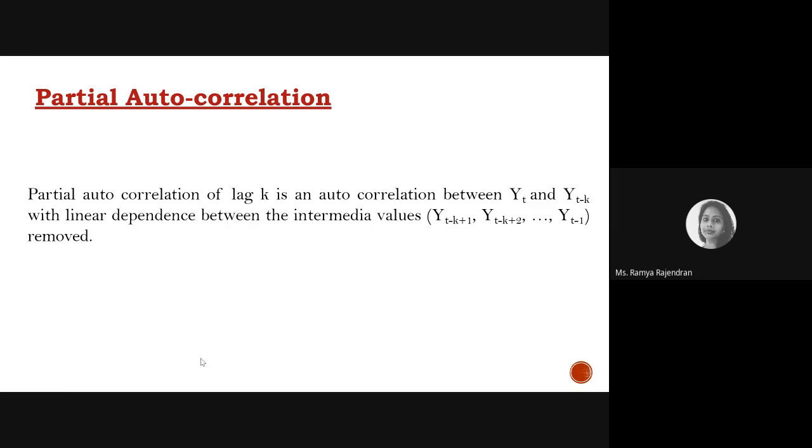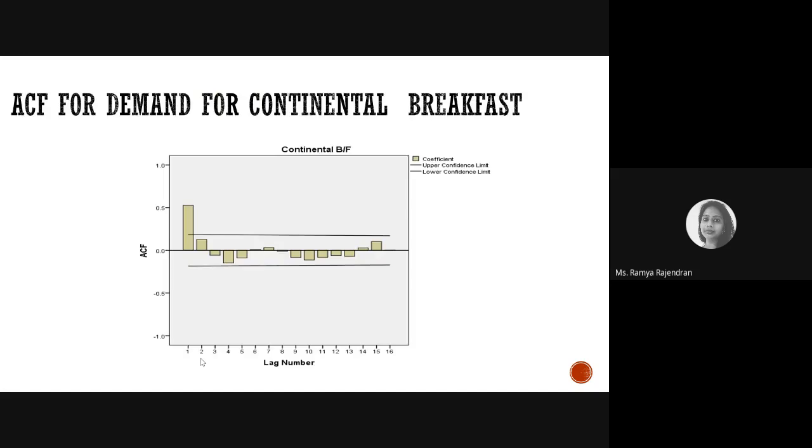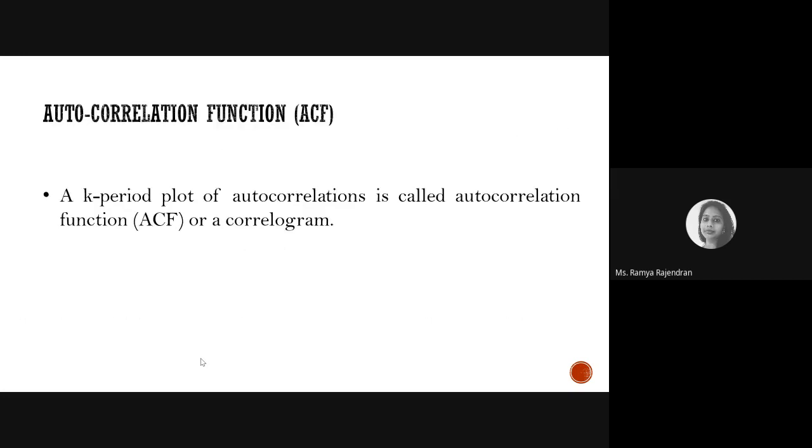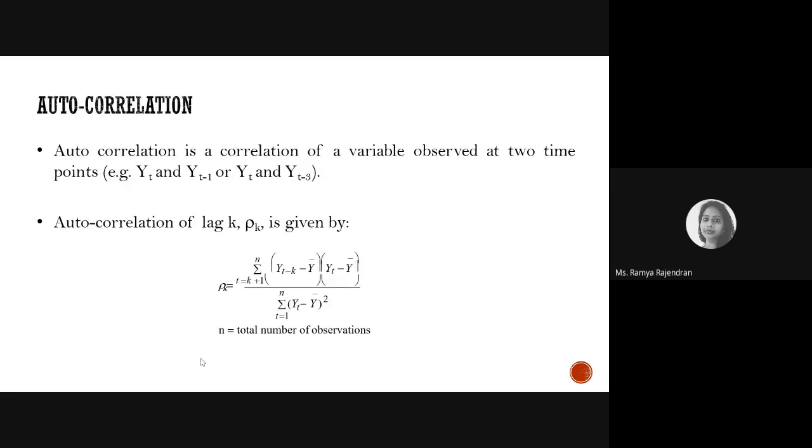In partial autocorrelation, we are trying to find the correlation between the actual value yt and the yt minus k values. Here we are removing the linear dependence of the intermediate values. In our ACF model, we always rely on all the values, that's why we take the mean.